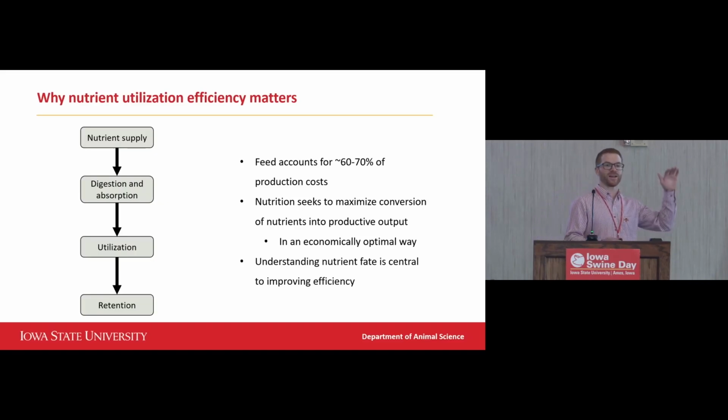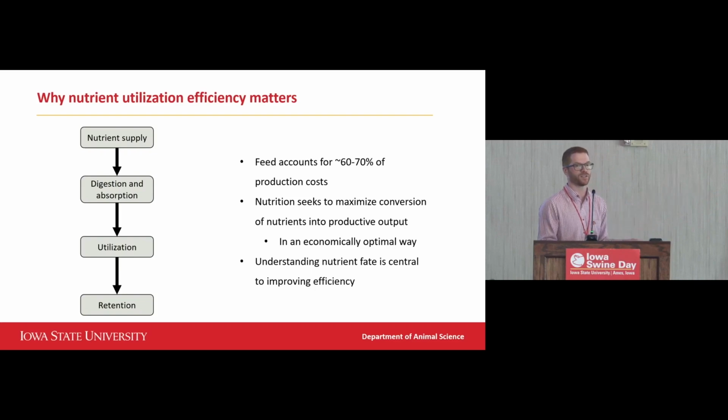And so if we think about the general big picture pathway of nutrient utilization, I split it up into a couple steps here. Nutrient supply, obviously what we provide that pig is important, that we're providing them enough and not in excess to optimize nutrient utilization efficiency. Those nutrients have to be digested and absorbed. And then ultimately, the piece that I think we can dive a little bit more in detail by using this carbon framework is utilization.